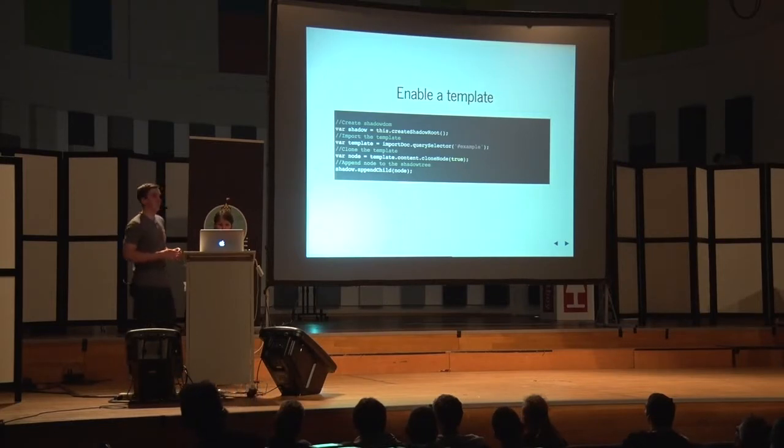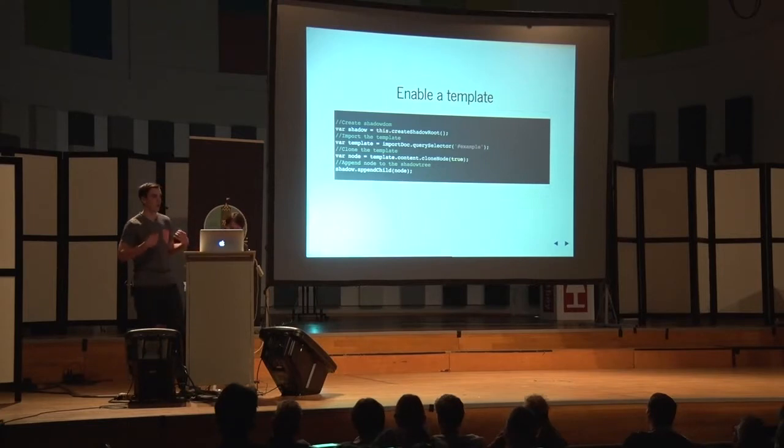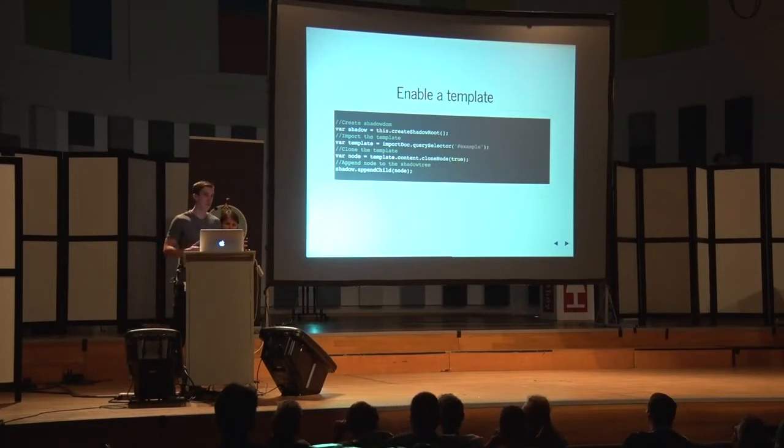We have to import our own template with a query selector, for example, in my example, the example template, and we have to clone it. Then it's not yet on the page, basically. We have to append it to our shadow root or to our document, whatever we want to do. At that moment, everything in that script or in the page will be rendered and used, and it's basically on the page then. Till that moment, there's nothing.